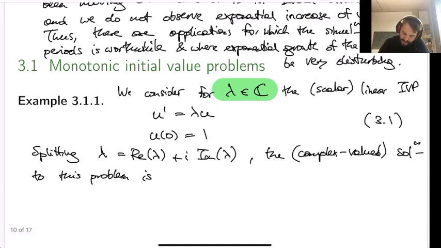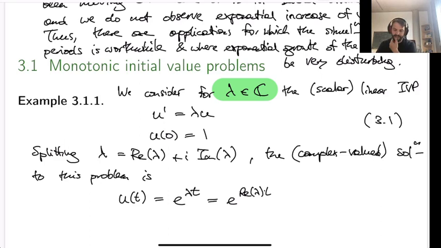As in the real case, it is essentially given by the exponential function of lambda t, but because lambda is now complex valued, this exponential can also be written as e to the real part of lambda t.